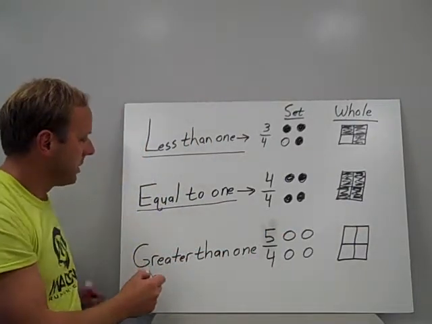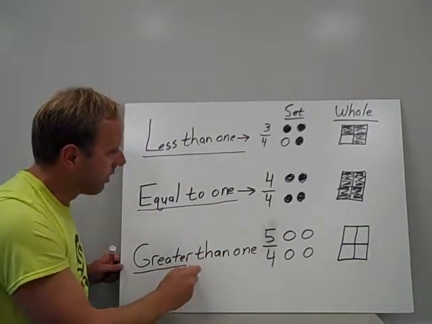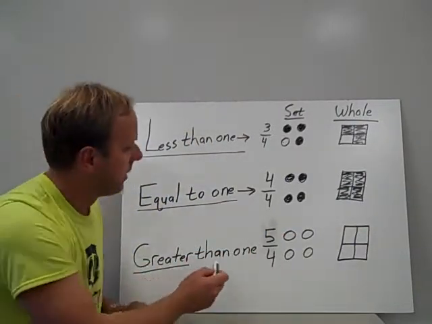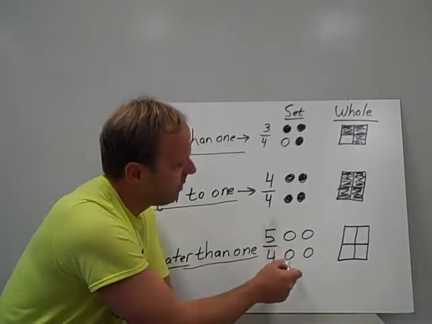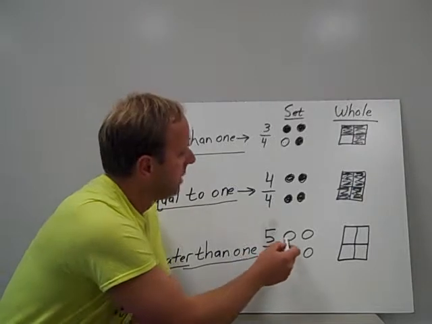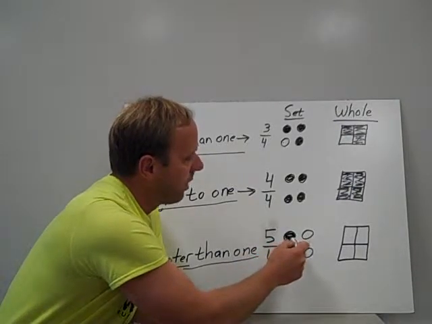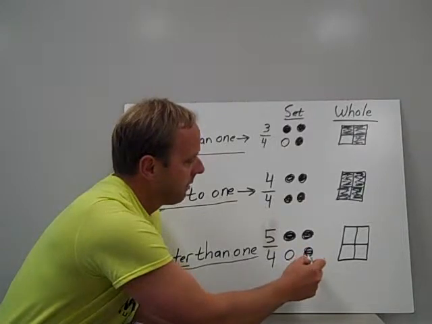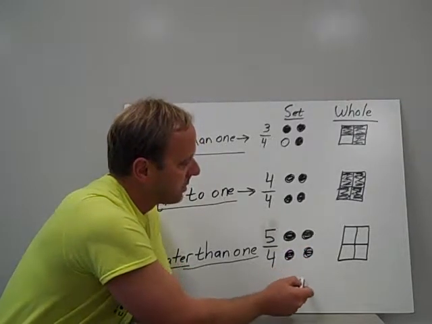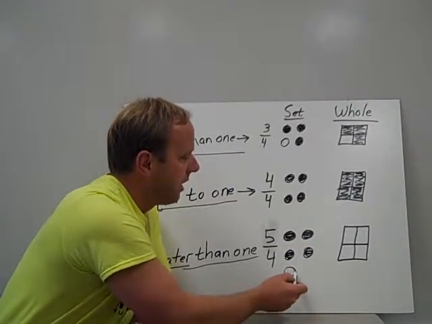Now, if a fraction is greater than 1, that means we have to consider more parts than 1 whole. So here, that would be 4/4, which means I have another part.